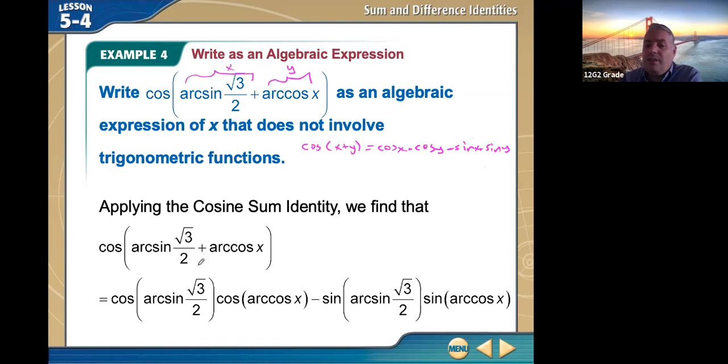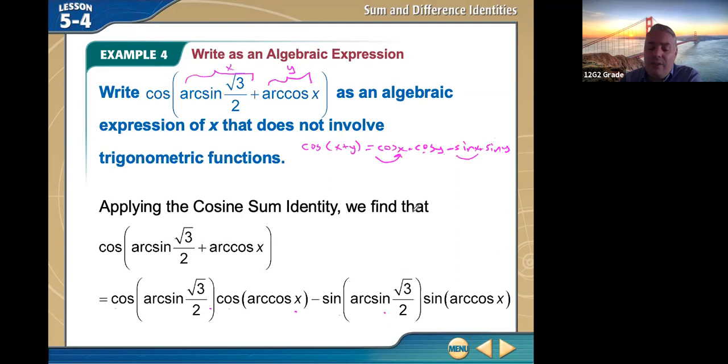Now it used this. Look now. Cosine of the first thing, so cosine of arcsine of this, times cosine of the second thing, cosine of arc cosine of x, and minus sine of the first thing, sine of arcsine of this, and sine of the second thing.